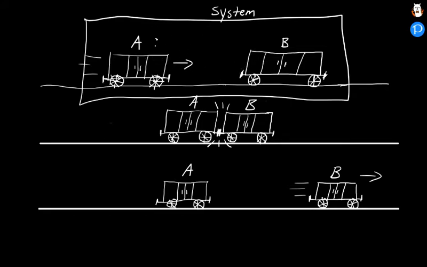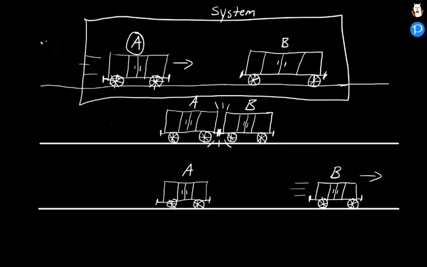So in other words, if we were trying to determine the amount of momentum in this system in the beginning, we would take the momentum of A and add it with the momentum of B. At the beginning, all the momentum in the system is within this object here because this guy isn't moving.